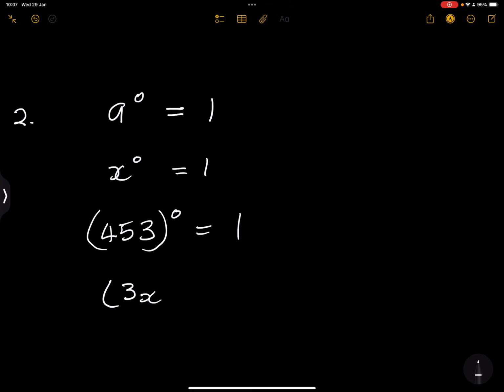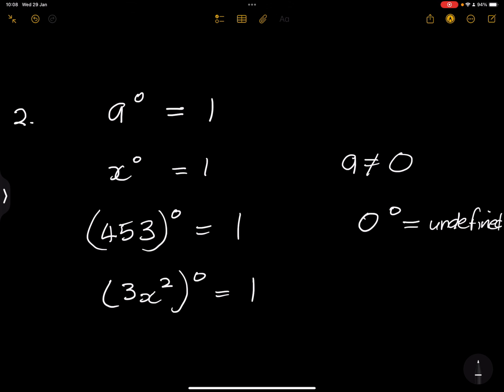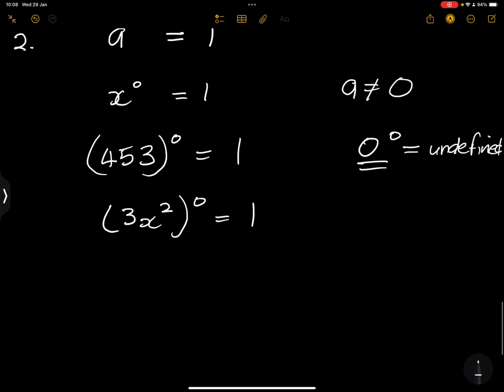Let's say 3x squared, and I raise that to the exponent of 0, that will give me 1 as well. Please again note that a cannot be equal to 0. Now, anytime that you raise a base of 0 to the power of 0, that is simply undefined. In mathematics, that would be undefined. Perhaps we can talk about this a little bit more. So please remember, this is illegal.